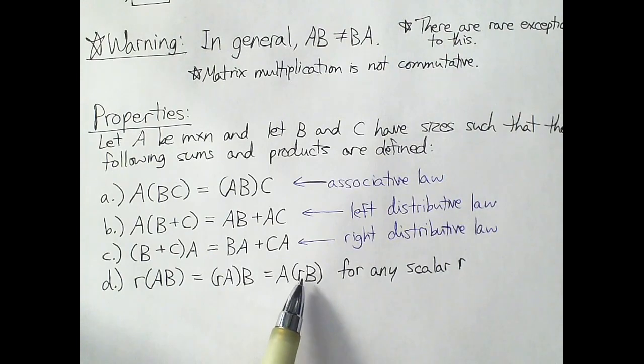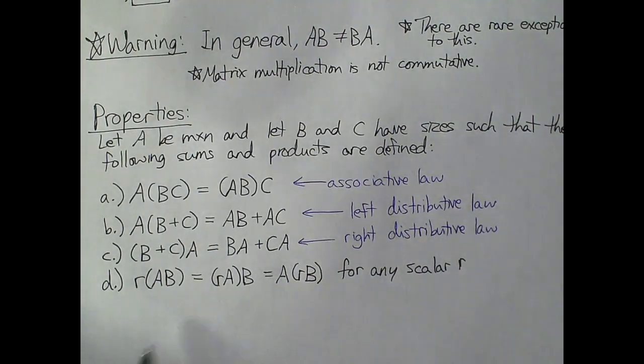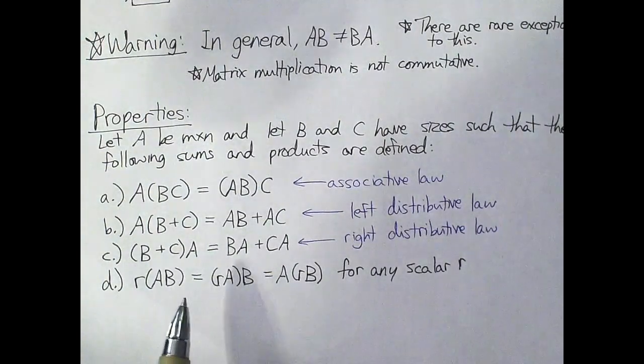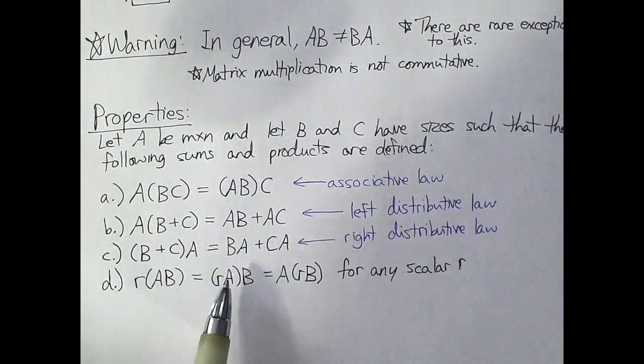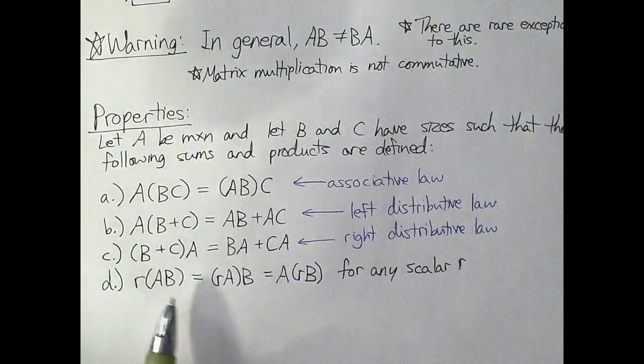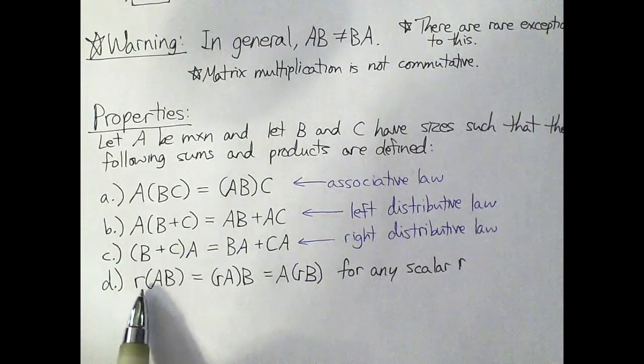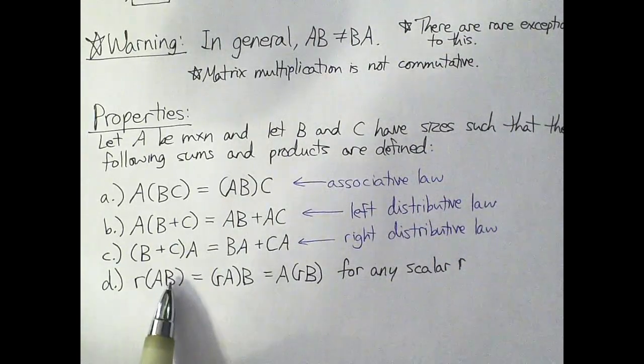And in the third way, you could even move the scalar over to here, so you do the scalar times the second matrix, and then you perform this matrix multiplication. One thing that's important is you're not multiplying R times A and R times B. You're either multiplying it times A, times B, or just times the product after the product is taken.